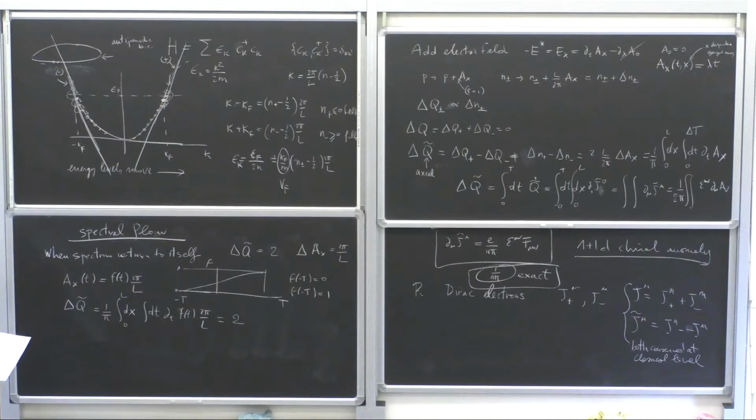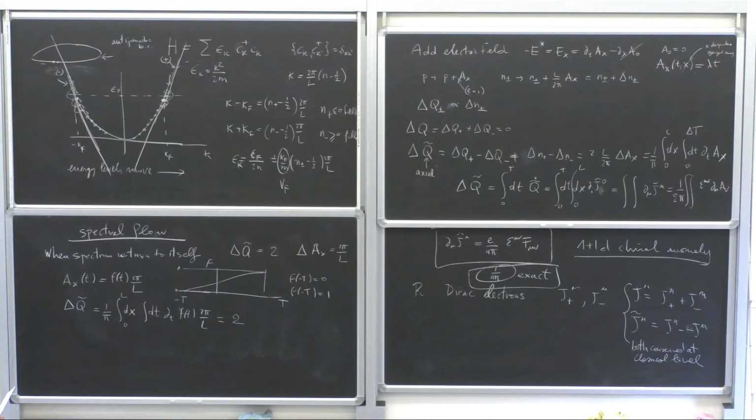Okay, that's it. And now I suppose that this is an adiabatic change. This I didn't say before, but it has to be an adiabatic change. It has to be very slow. Otherwise, if it is fast, electrons could be excited.